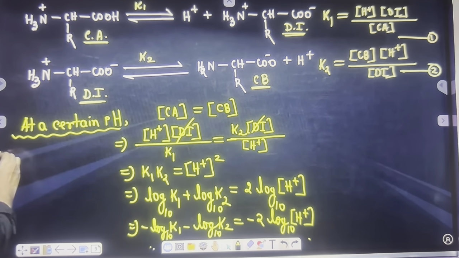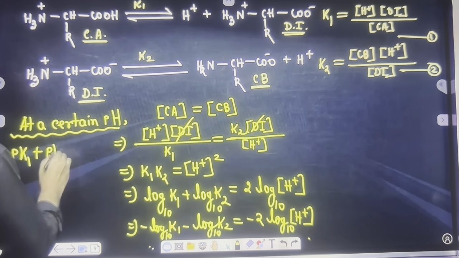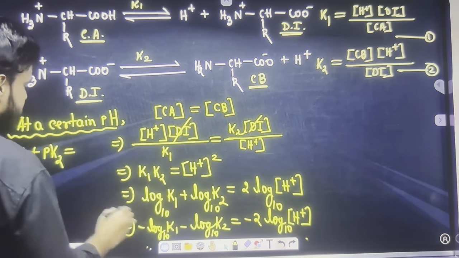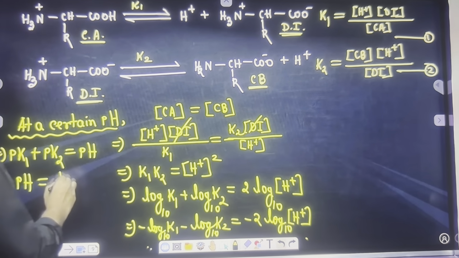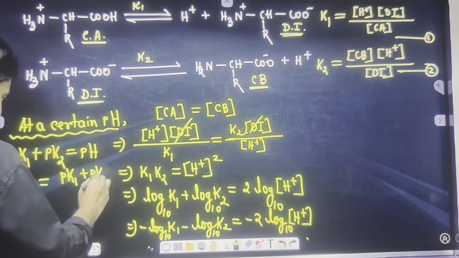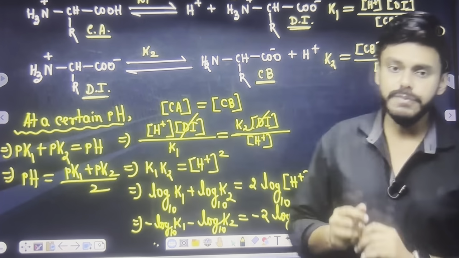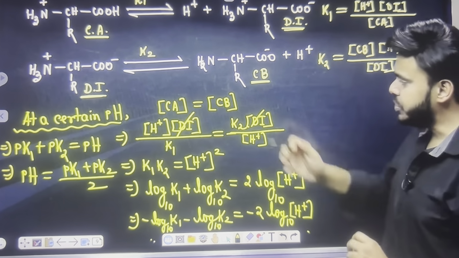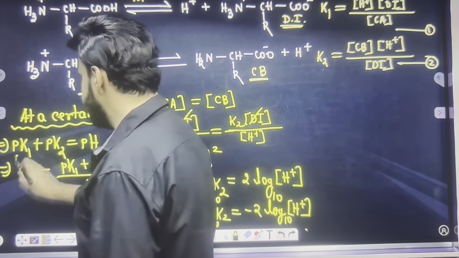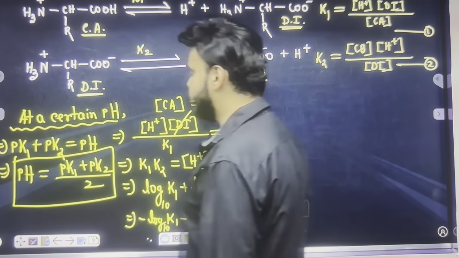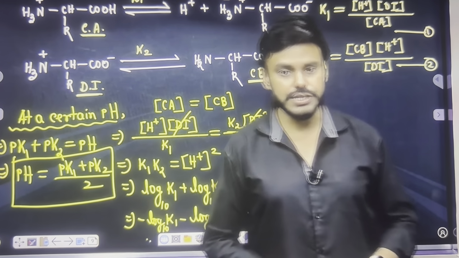This is pK1. What is this? pK2. And what is this? pH. So what is the formula of the pH of this particular zone? This will be pK1 plus pK2 by 2. So we can write that this pH is a certain pH of the solution where the Zwitterion can be formed, and the value of this pH is pK1 plus pK2 by 2. That is just the average of the respective pK values of the Zwitterion as well.